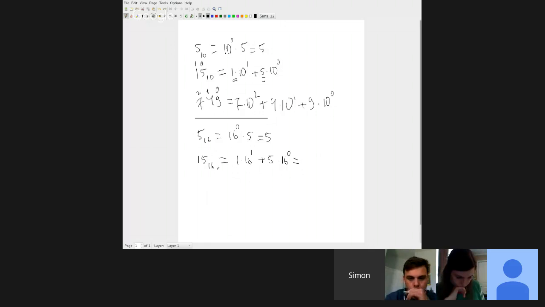So I would say that everything to the right of this border is nothing more but our own view to a hexadecimal notation, but expressed in decimal notation. And in this regard, it will be 1 times 16, which is 16, plus 5 times 16 raised to the power of 0, which is 1, plus 5 to get 21. And this 21 will be in decimal notation. So 15 in hexadecimal is 21 in decimal.